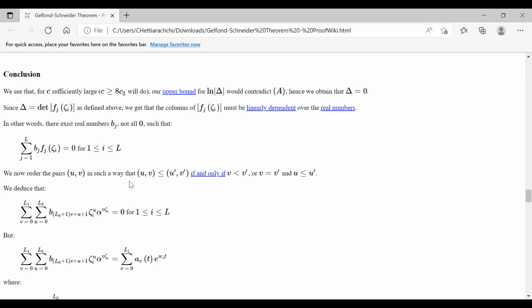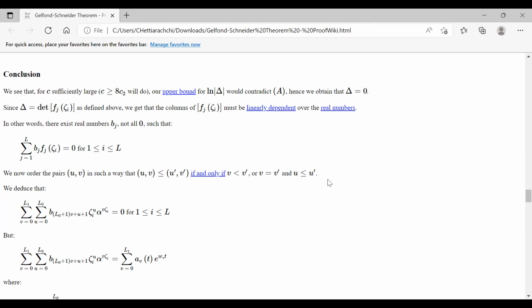So we say that (u,v) is less than or equal to (u',v') if and only if v is less than v', or if v and v' are the same, then (u,v) is less than or equal to (u',v') if u is less than or equal to u'. So this is dictionary order.